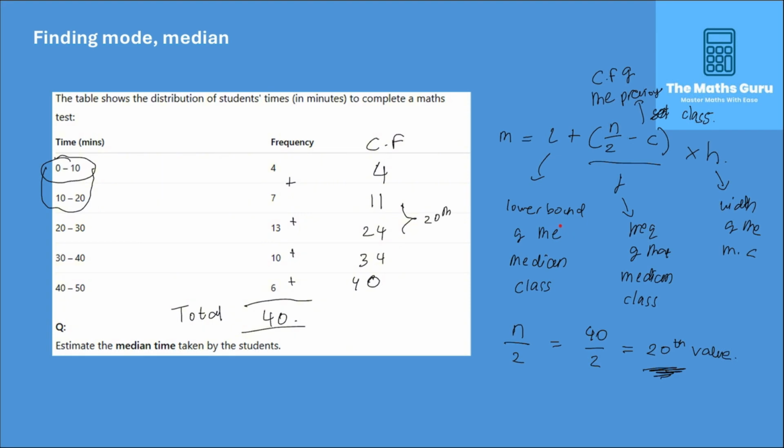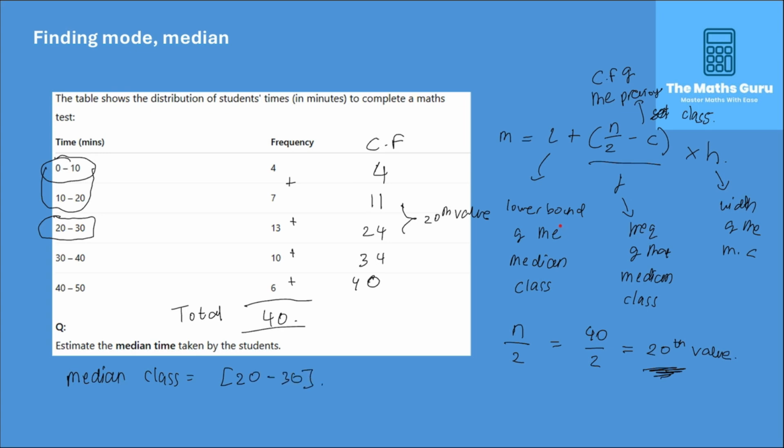So the 20th value is somewhere in here, right? Which means that the median class falls into here. So median class is equal to 20 to 30.